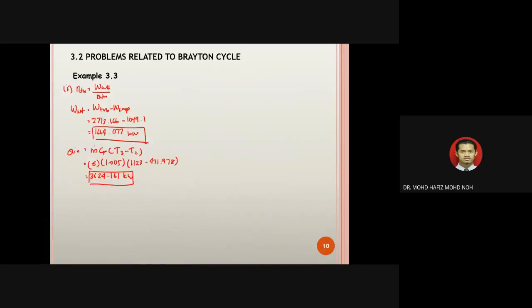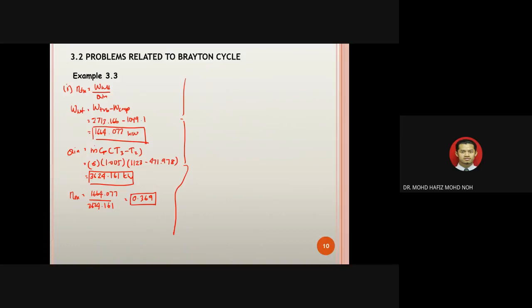So you have the W net and Q in, then you can proceed to calculate the thermal efficiency, which is 1664.077 divided by 3624.161. So here you get the value of thermal efficiency is 0.369. And then the last one, you have to calculate the W net.